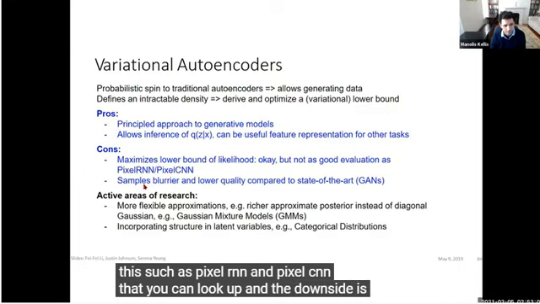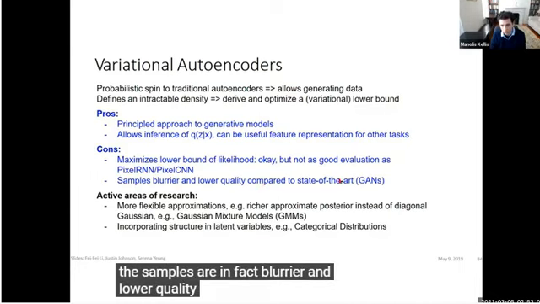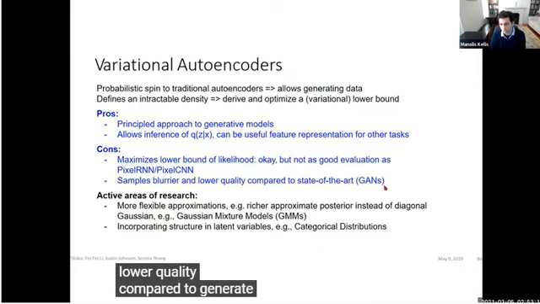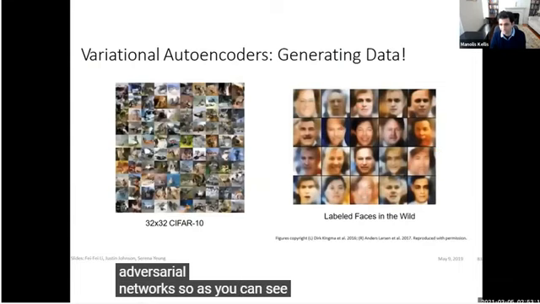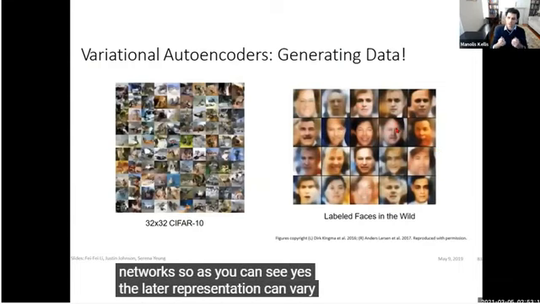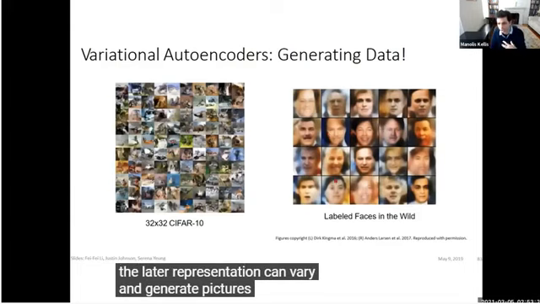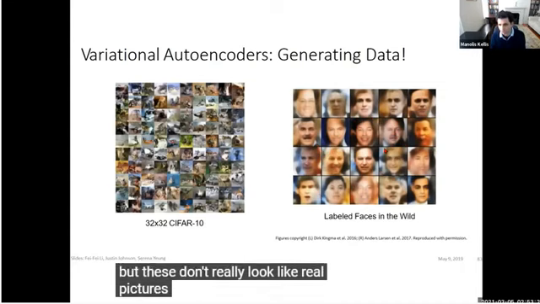And the downside is the samples are in fact blurrier and lower quality compared to these generative adversarial networks. So as you can see, yes, the latent representation can vary and generate pictures that kind of look like different people, but these don't really look like real pictures.